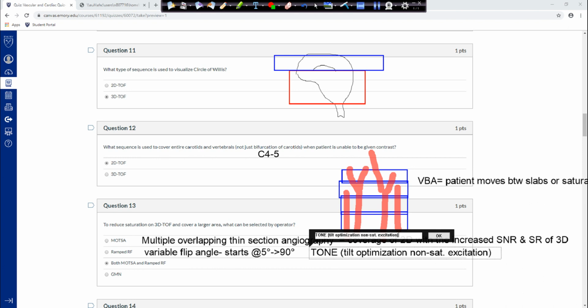So that's what TONE means. Okay. Everybody got that written down?